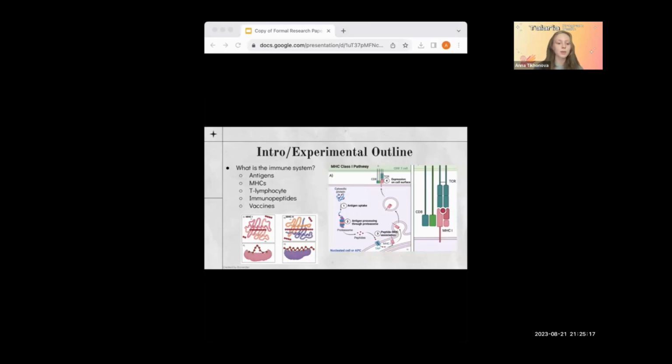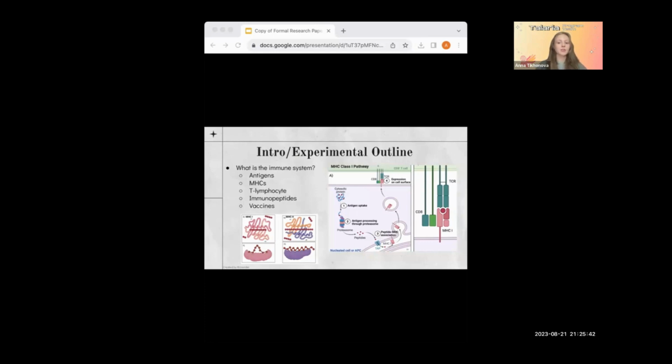The T cell's job is to scan and recognize an antigen and either act directly upon the infected cell or assist in destroying the cell. The cellular components responsible for presenting the antigens to the T cells are known as MHCs, or major histocompatibility complexes.